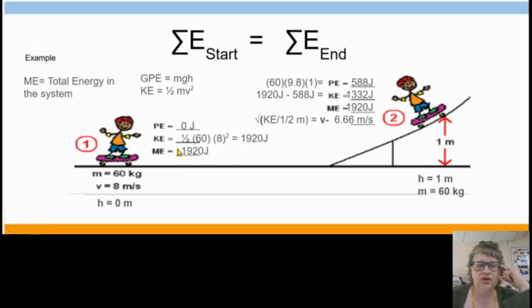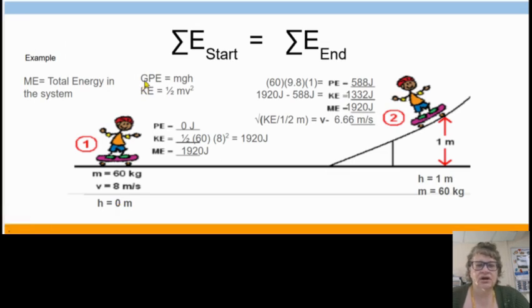The thing you need to understand is that mechanical energy is the same as saying the total energy in the system. Just reminding you that gravitational potential energy is mgh. Kinetic energy is 1/2 mv squared. At the beginning, we have a 60 kilogram kid moving at a velocity of 8 meters per second, and at the moment their height is 0.